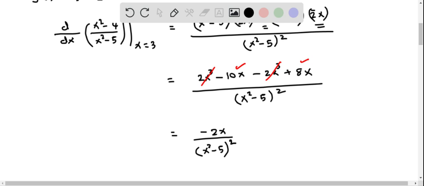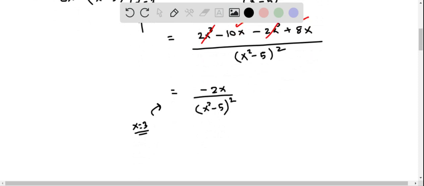Now we have to evaluate this derivative at x equal to 3. So let's put x equal to 3 into this derivative. This is the derivative expression. So therefore this becomes negative 2 times 3 divided by 3 squared minus 5 quantity squared. So let's simplify this.